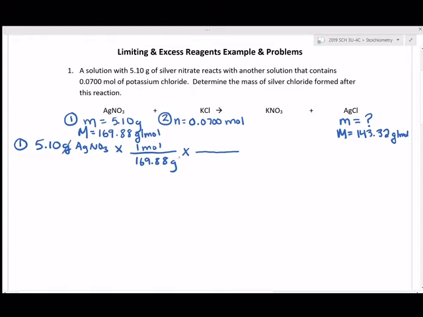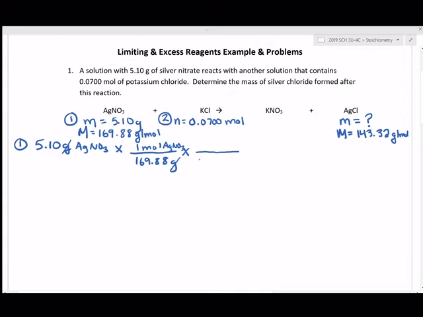So the grams are going to cancel, and at this point, maybe I'll just put my substance in here, which is a good idea. My answer at this point will be in moles of silver nitrate. But of course, I need to get into moles of silver chloride. So I look at my balanced equation, which in this particular equation, it's 1, 1, 1, 1.